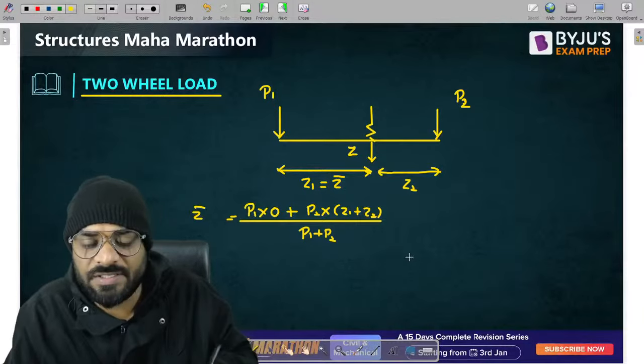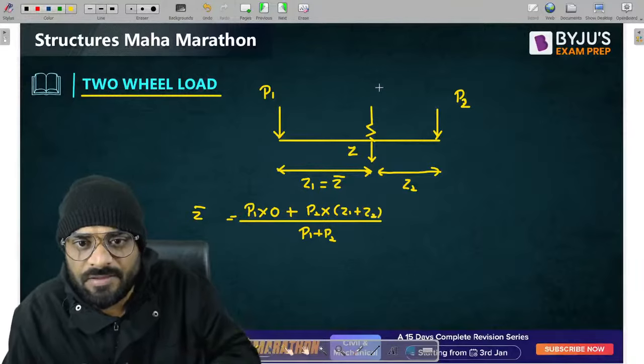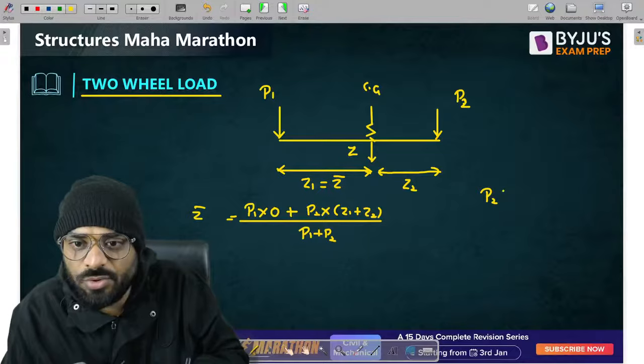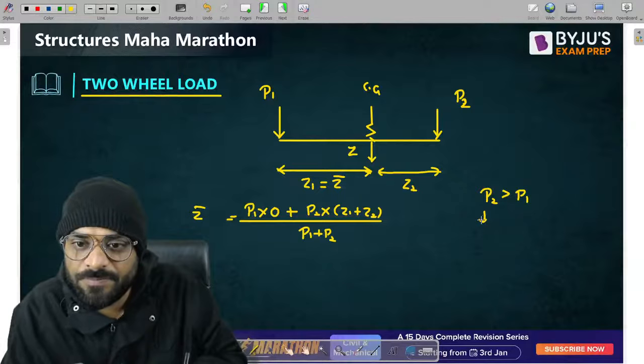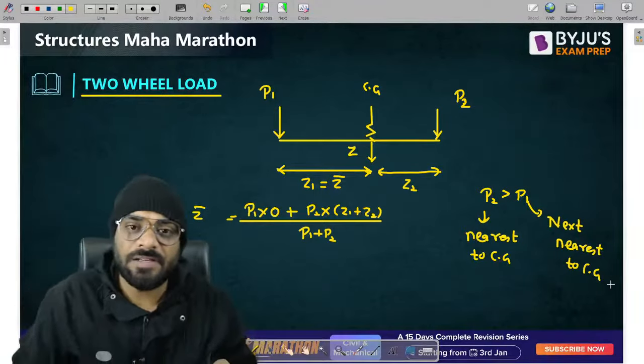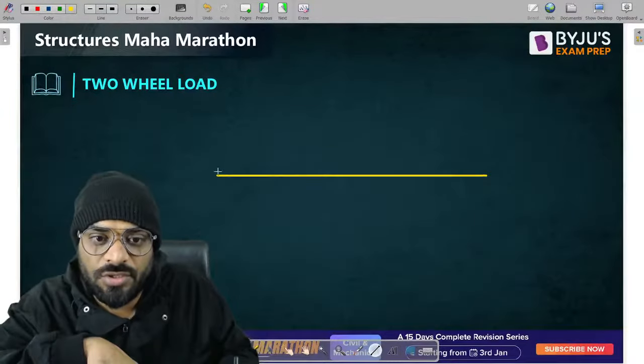Now, let us consider P2 load is heavy as compared to P1, right? This is our CG. P2 is heavy as compared to P1, as well as this load is nearest to CG, and this one is next nearest to CG, right? So how you can find out the absolute maximum bending moment? What you have to do?